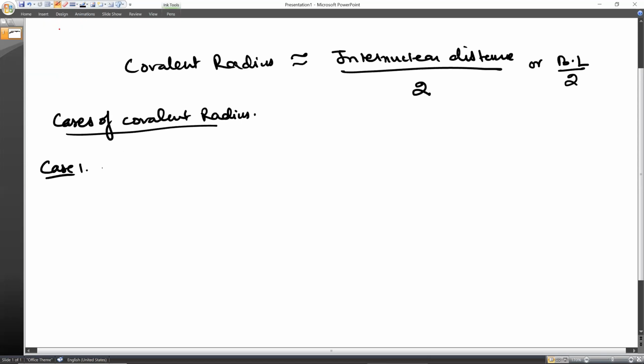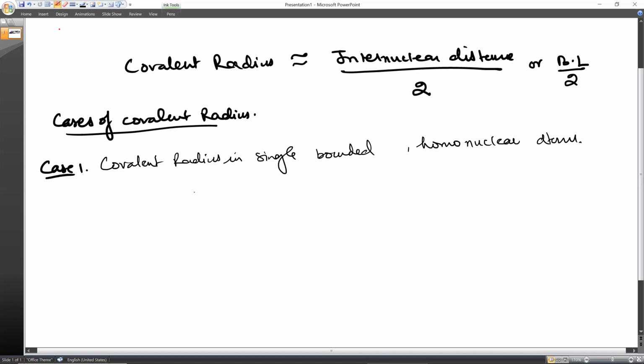So here we can say the covalent radius in single bonded homonuclear atoms.